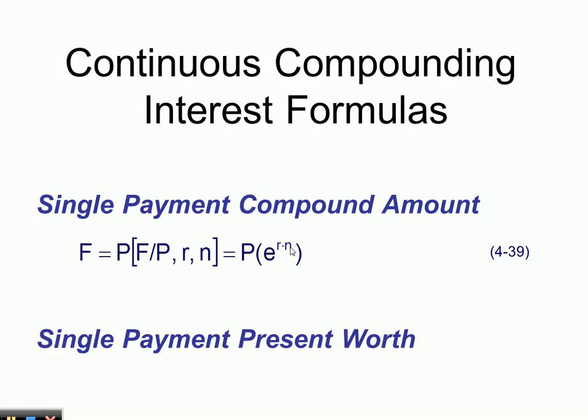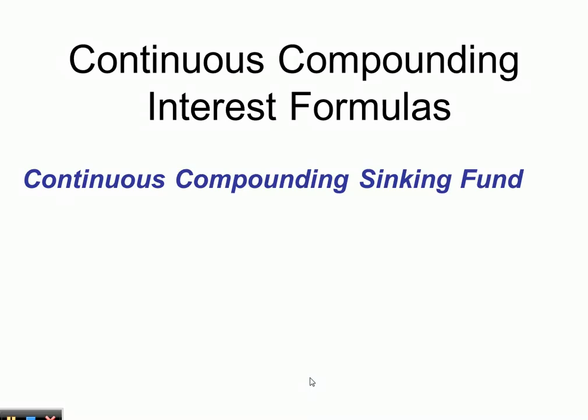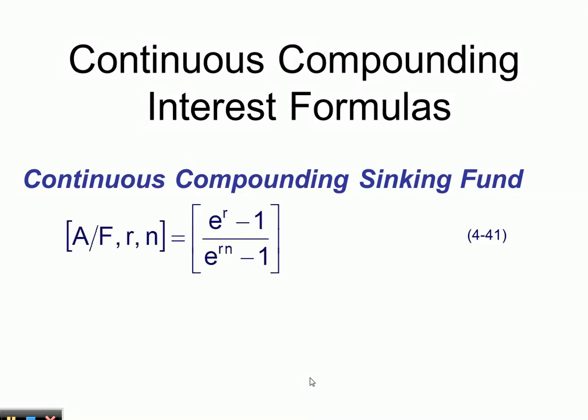Next is the single payment present worth factor. Somewhat similar, except here the exponent is minus rn. We also could look at the continuous compounding sinking fund, which connects us with the uniform series amount: the uniform series given the future sum of money, and that's the factor for that.